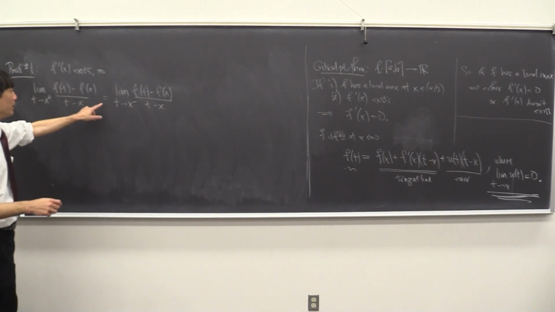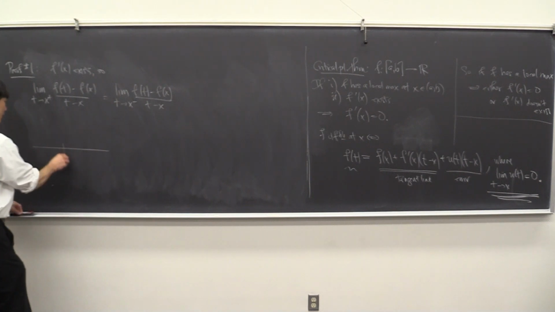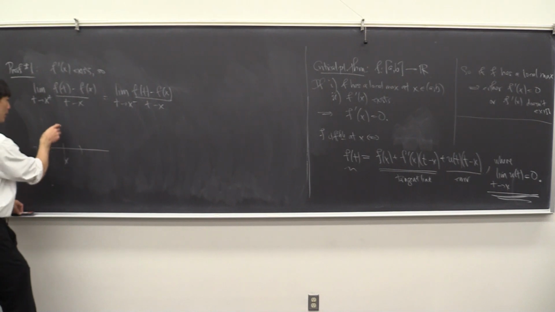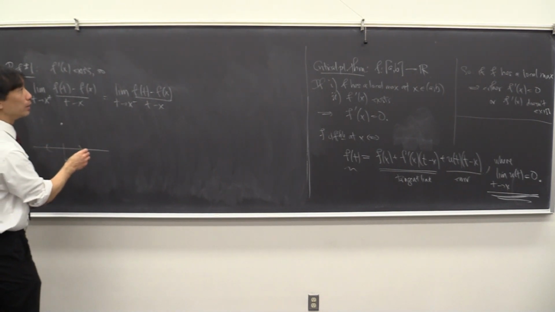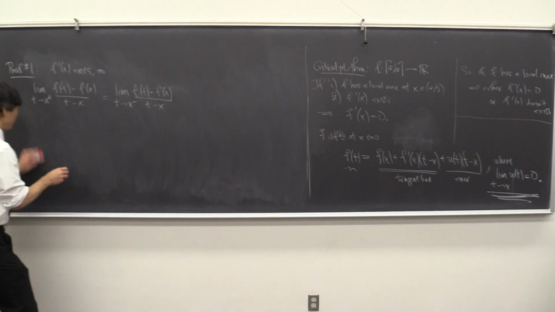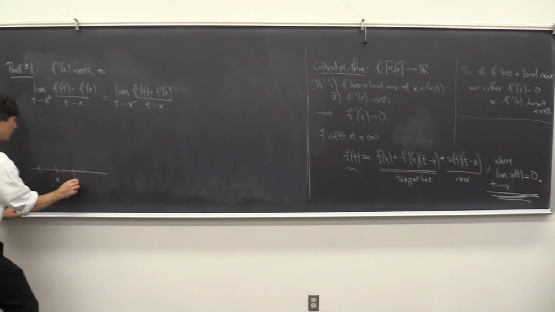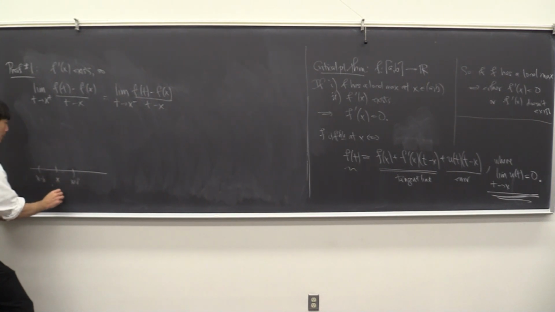Anyway, this limit exists, so the left limit must equal the right limit. And if this is x, we restrict ourselves to the neighborhood in which x is the maximum. So say that x is the local max here.